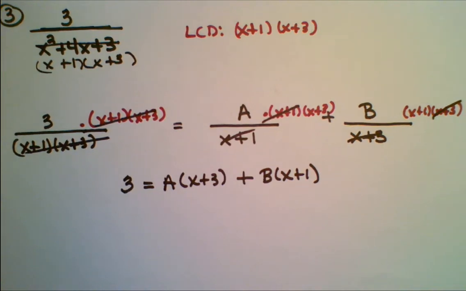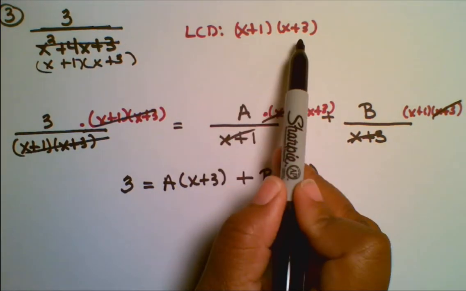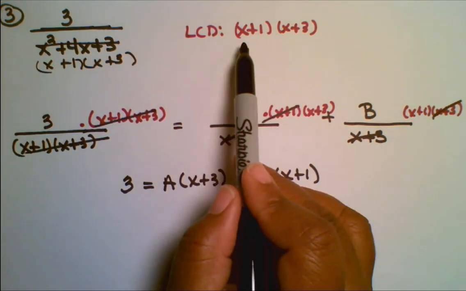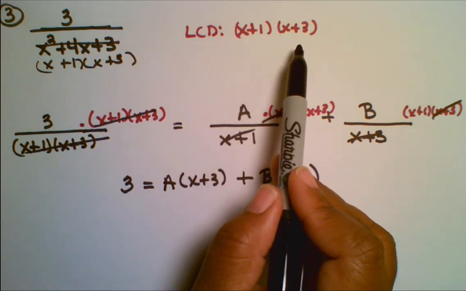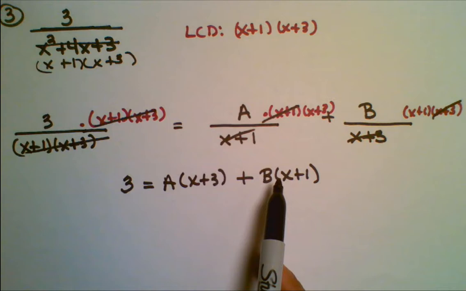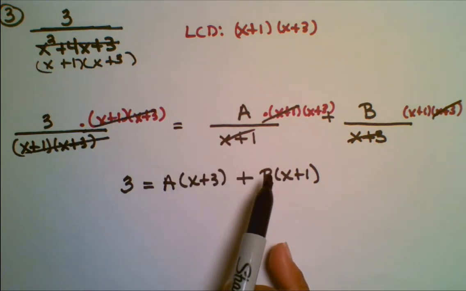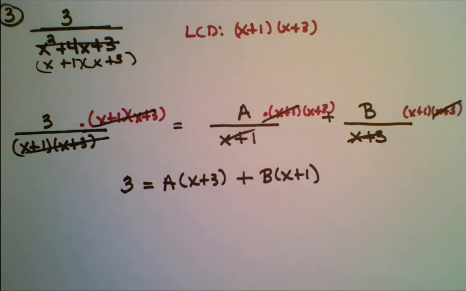Now you have a choice. You can set up to find A and B. You can set up your roots by setting each of these factors equal to 0 to find x. So x can equal -1, x can equal -3, where it's going to cancel out each of the variables. Or we can set this equation up as a system of equations.